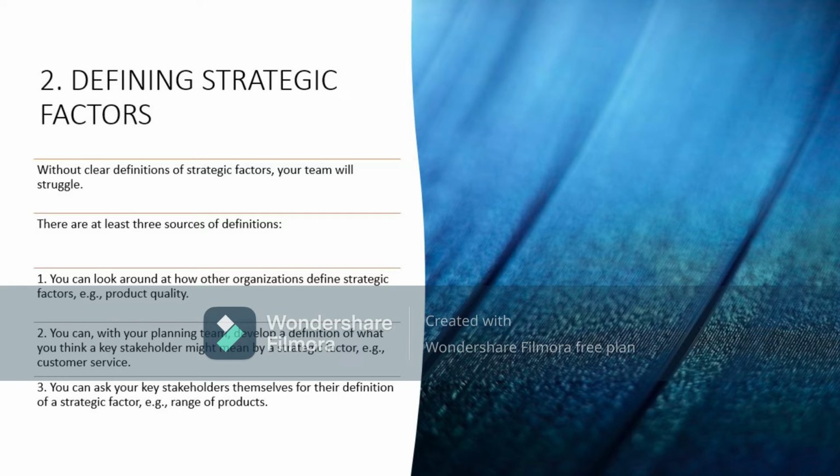This is so whether the strategic factors are for customers, employees, suppliers, owners, or any other key stakeholder. Much discussion occurs in planning sessions as to what is meant by a strategic factor. Customer service is a good example. Your team may spend a lot of time discussing what it means in your industry.